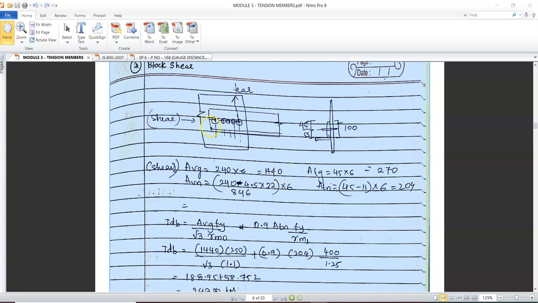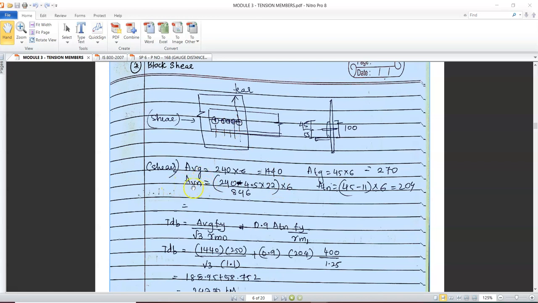Now for the net area, the total length from this edge to the center of the bolt, how many bolt holes? 1, 2, 3, 4 and half of this, because we have considered only to the center. So that is 4.5 bolts. That is 240 minus 4.5 into the hole diameter, in brackets, into the thickness of the angle.